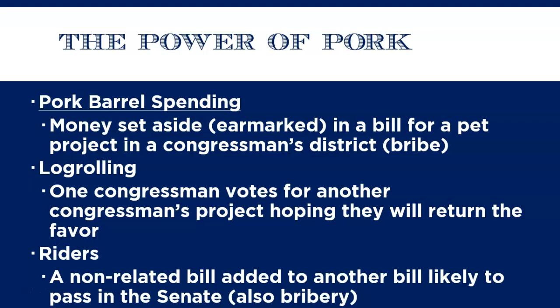So they'll allow it to be a rider and pass through as long as the Republicans vote for what the Democrats want passed. It just allows non-related things to ride on the back of a more popular thing, and they both end up passing.